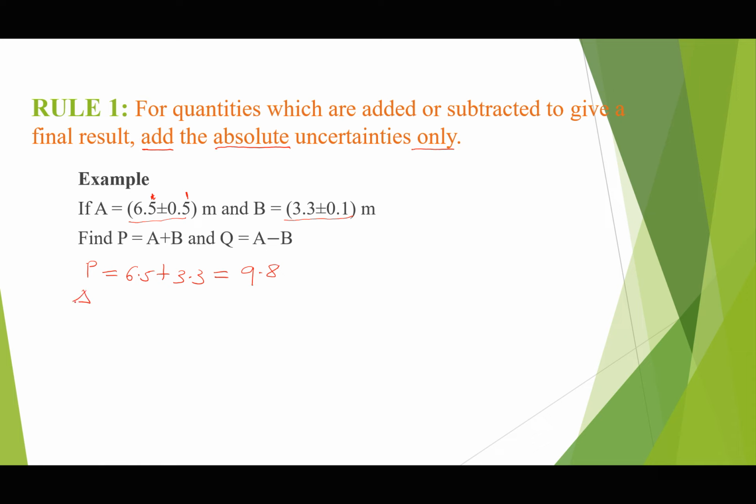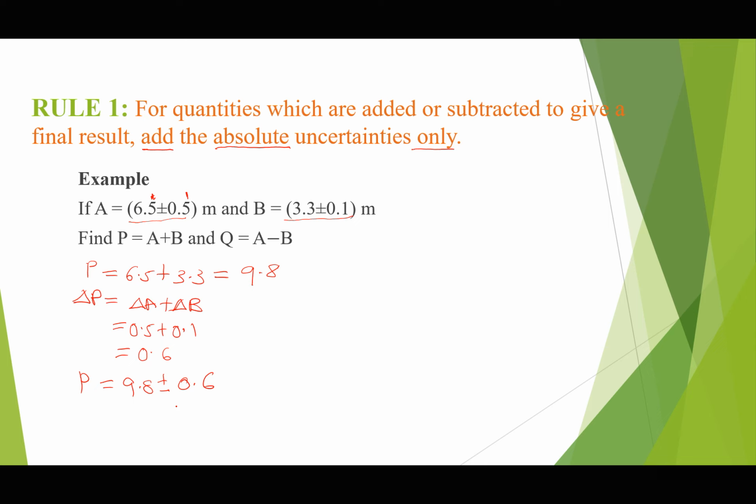Therefore, the absolute uncertainty in P is going to be equal to the absolute uncertainty in A plus the absolute uncertainty in B. And when we add the absolute uncertainties, this will be 0.5 plus 0.1, and this gives us 0.6. Because uncertainties can be higher or lower than the most appropriate value, we shall say that P should be written as 9.8 plus or minus 0.6.